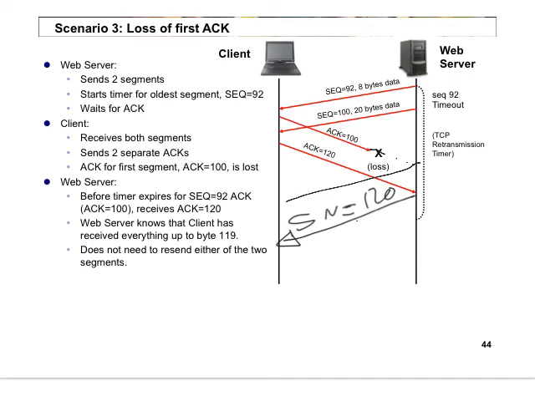So it slowed down a little bit, but at least nothing abnormal happened. Even though we've lost an acknowledgement, it did not affect the transmission that much. So the performance is still almost the same. And this is the benefit of accumulated acknowledgements. That's the main benefit of accumulated acknowledgements.